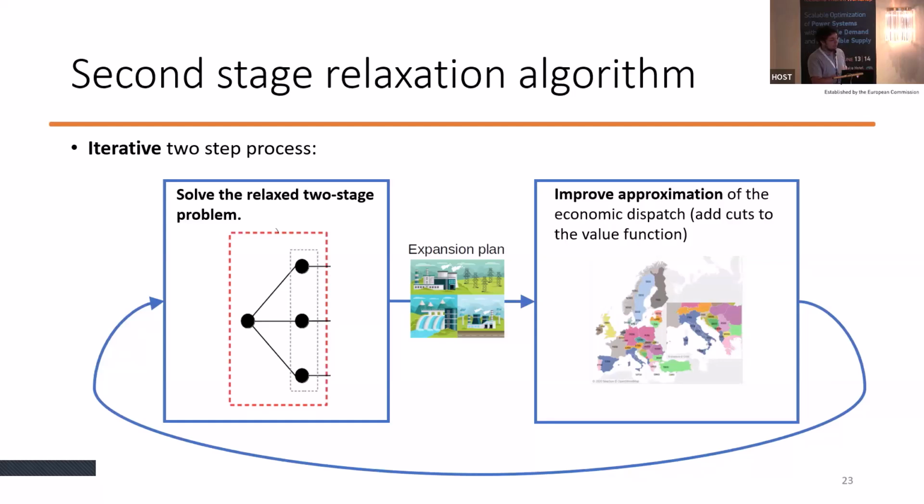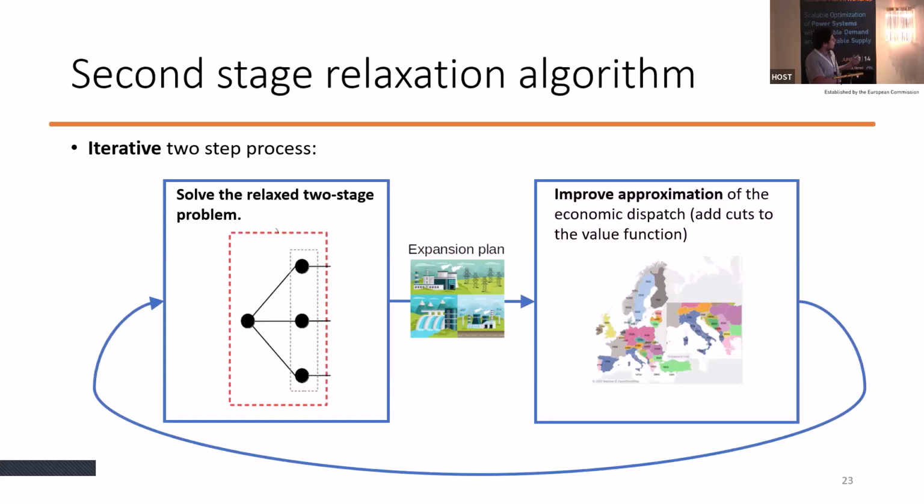Then we use this trial expansion plan in order to improve the approximation that we have of the economic dispatch relaxation. And how do we improve this approximation? We start to add more cuts to the value functions of our economic dispatch approximation.